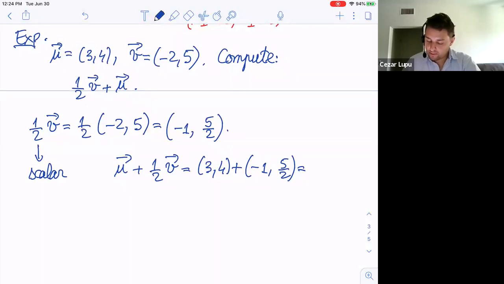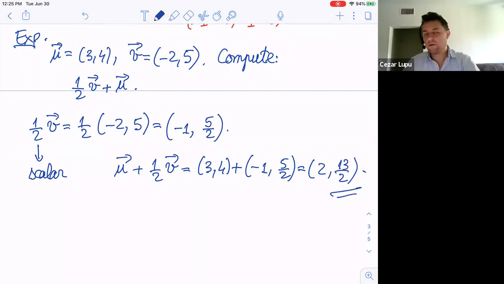So this will be 2, and this will be, oh wait, 13/2. Just like Neil says, 6.5. Yeah, that's the vector.